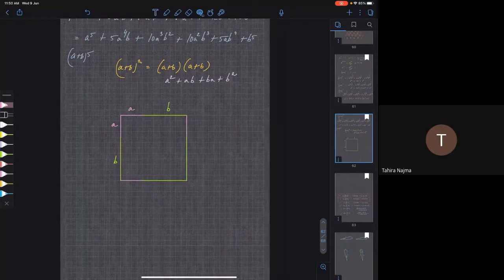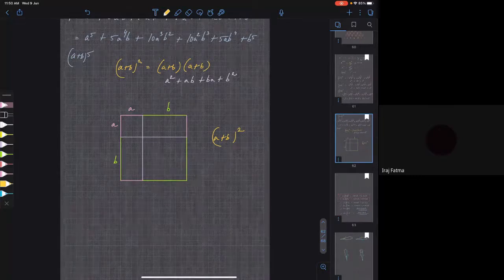Now if you look at this square, this whole area of this big square is how much? a plus b into a plus b. So the area of this big square is a plus b whole square. Do you agree?